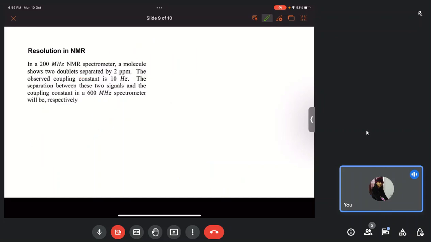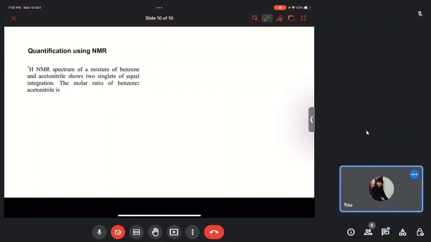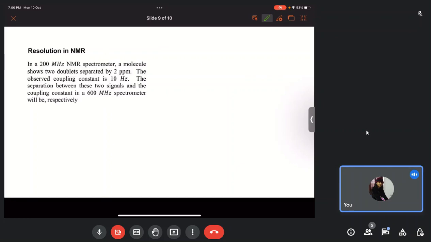Yeah, this is the last question that we'll be addressing today. It's about the resolution we get in NMR spectrometers.